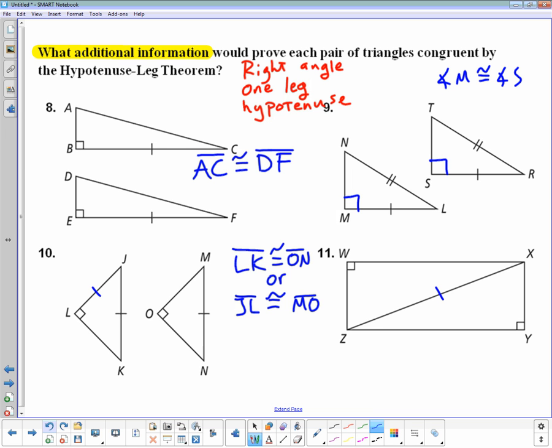What? Okay, WX is congruent to who? YZ. Is that the only one I could use? What would be the other one I could use?